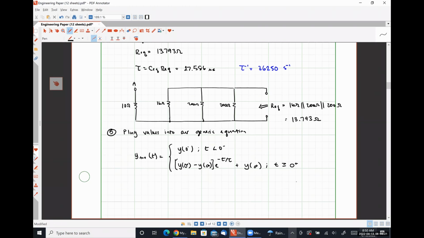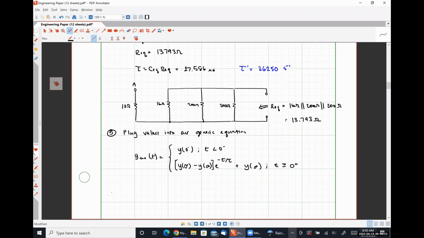So from here, we could say that VC of t. So what was the value of our capacitor voltage at t equals 0 minus? 800 over 7. Thank you.